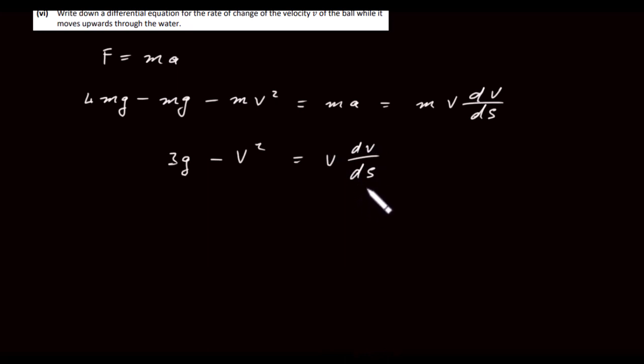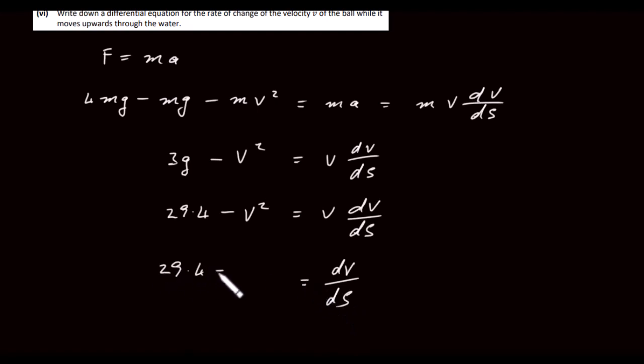Now it says here, write down a differential equation. Really, that's it, but you could, I suppose, work this out. That becomes 29.4. 3 times 9.8 is 29.4 minus v squared is equal to v dv ds, and you could go one step further if you like. dv ds is equal to 29.4 minus v squared over v, if you wanted to go that far.